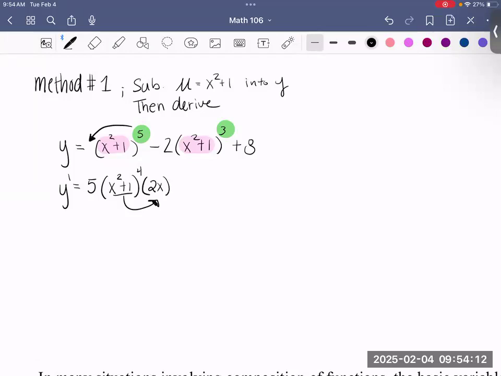Do the same thing on your next one. Minus 2, the 3 comes down. Open the lid, derive, and the 8 is a constant. So now let's go ahead and clean up.